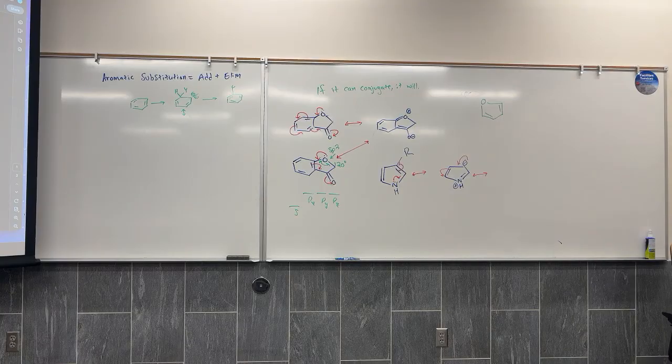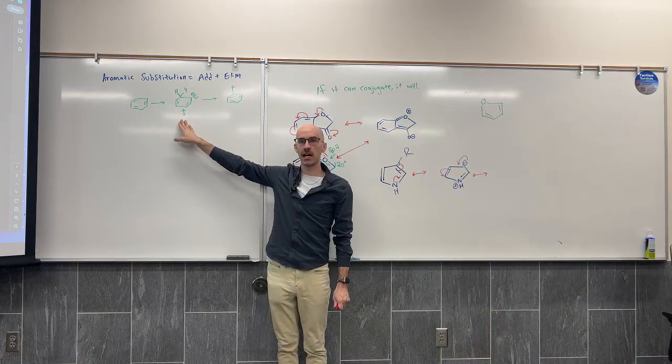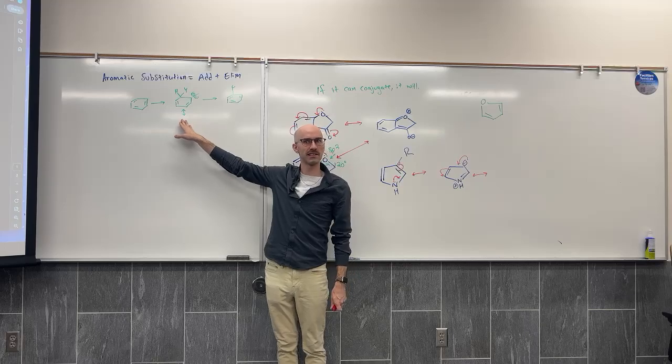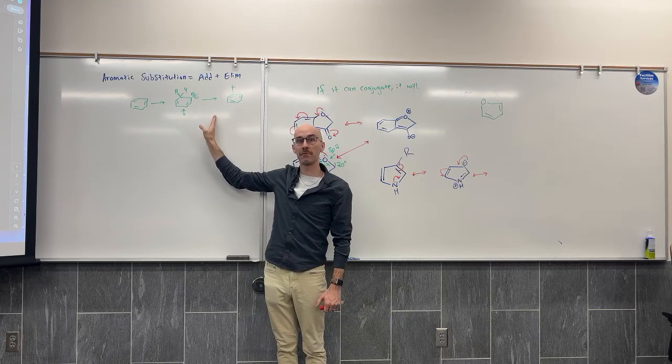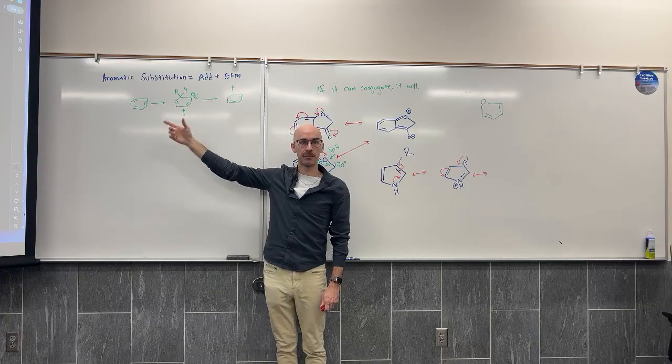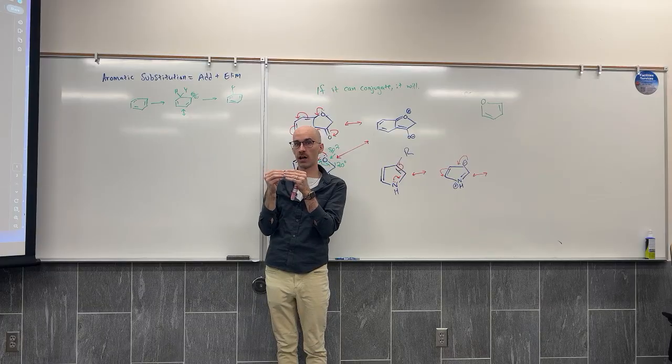The reason that addition isn't the final step is because this compound likes its aromaticity. It has an energetic preference to get back to being aromatic, but to swap out a group, it has to break aromaticity. And this is because we can't substitute on an sp2 carbon.